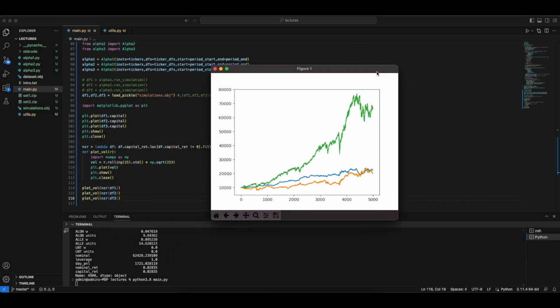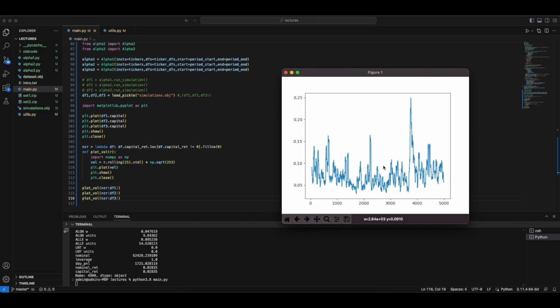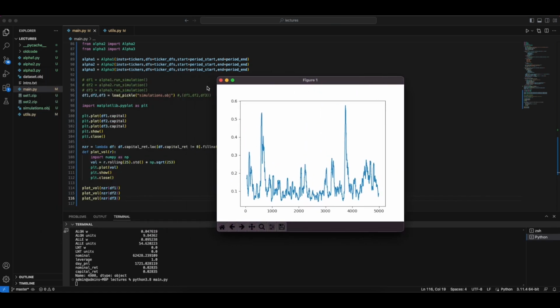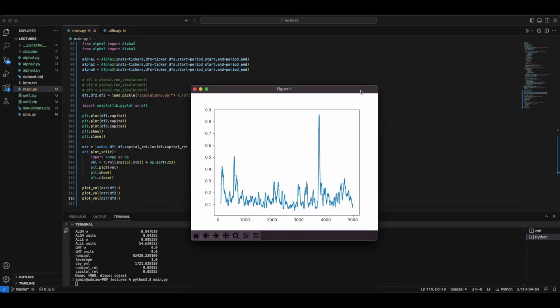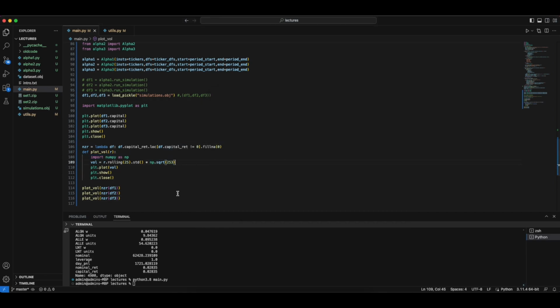Okay, so these are the 3 data frames, and this is the capital. And then this is the volatility of the first strategy, followed by the volatility of the second strategy, and then the volatility of the third strategy in annualized terms. We'll explain why we do this later, but let's also plot annualized.